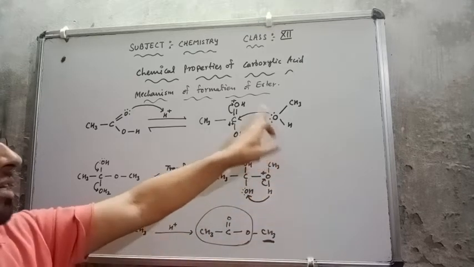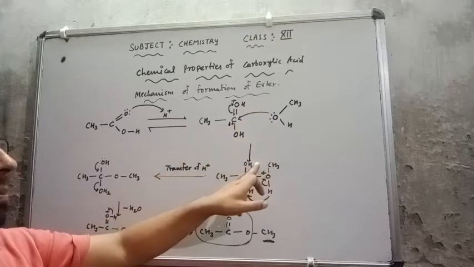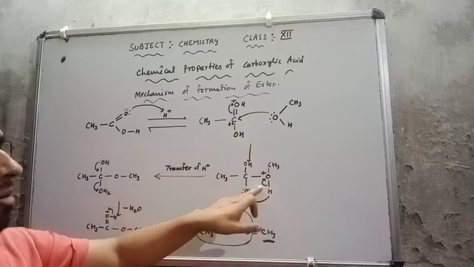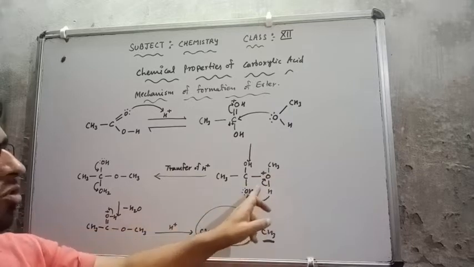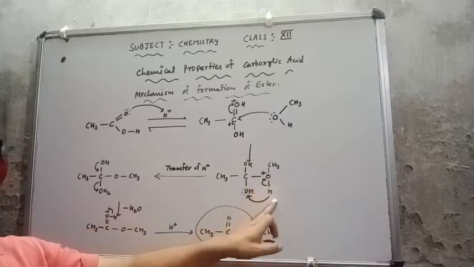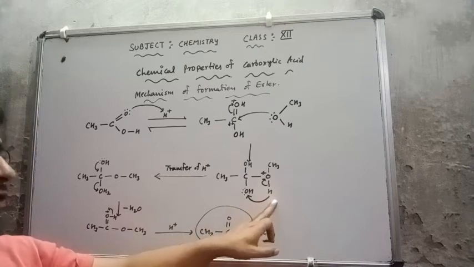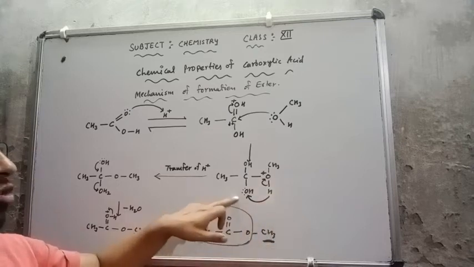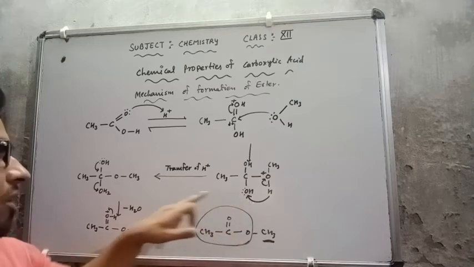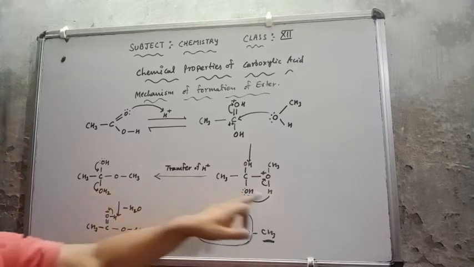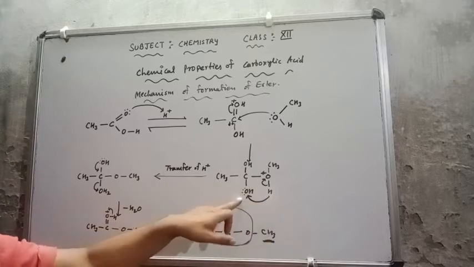Here oxygen has given the electron to the carbon, so this is a positive charge. So this bond will transfer the electron towards oxygen because oxygen is more electronegative. So this H positive is free from here. This free H positive is transferred and attached to this oxygen because it has a lone pair. So this is getting OH2, meaning the proton is transferred towards here.